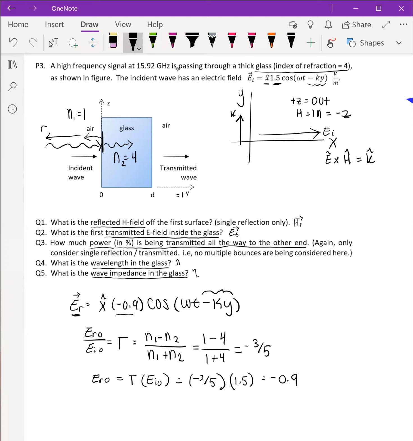Once we multiply the x hat with 0.9, we're going to see that our E sub r is going in the minus x direction, and because our wave is propagating in the reverse direction, we're going to make that a positive ky.